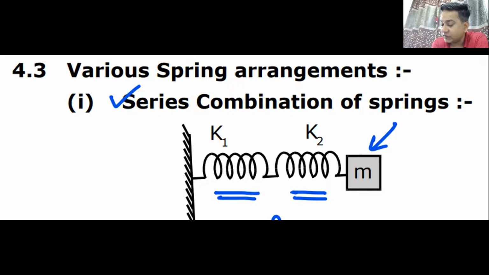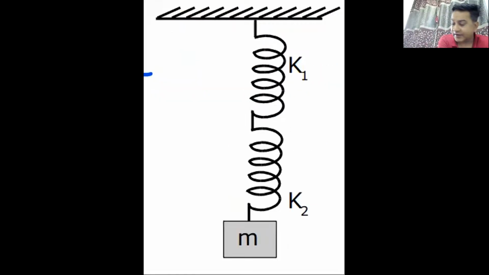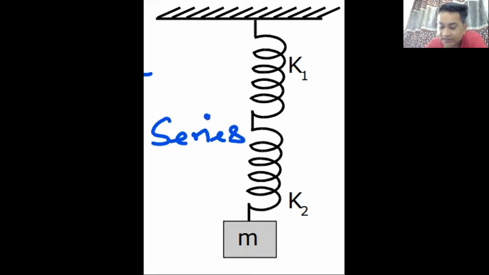This is the same as the series combination of two resistances. When two resistances are kept one after the other, it is known as series combination. Do we remember this? Whether they are kept in the horizontal position or, in this case, in the vertical position, in both cases this is a series combination of springs. Do we understand this? Yes or no?